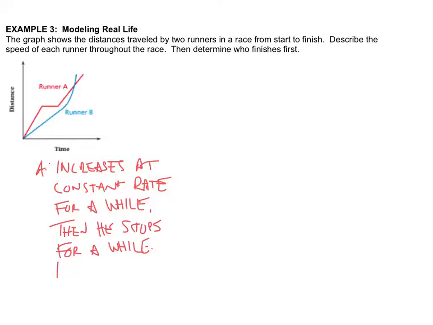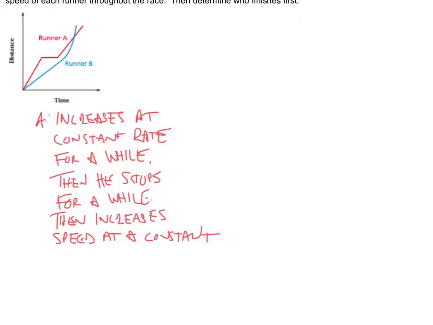Then increases speed at a constant rate again. That's runner A. So now runner B.